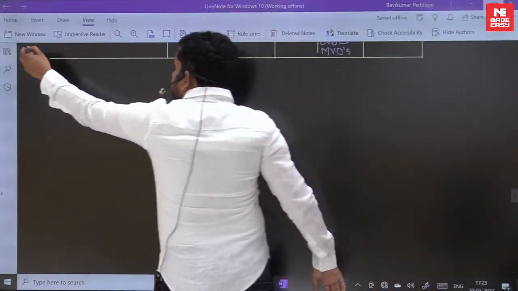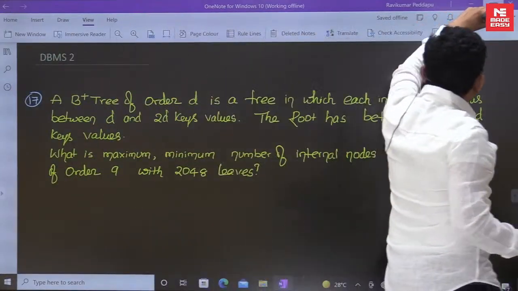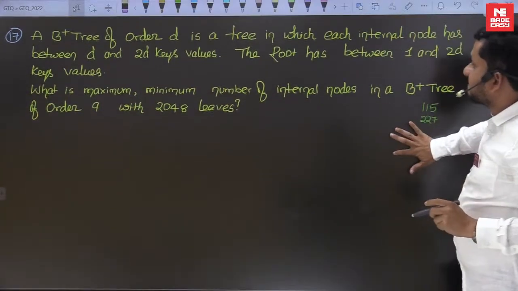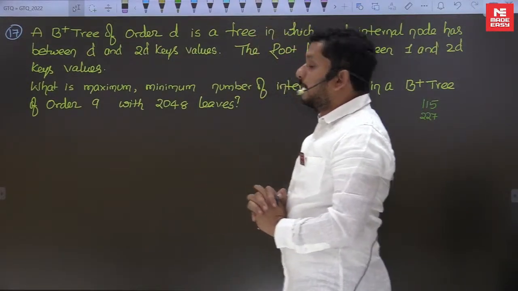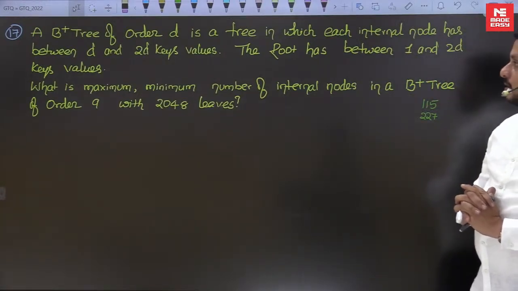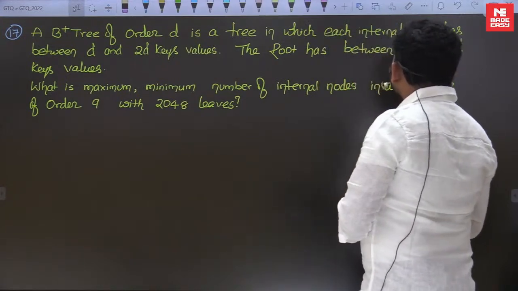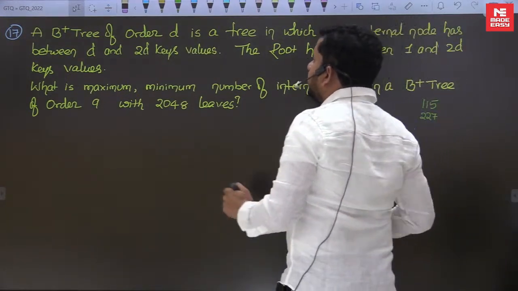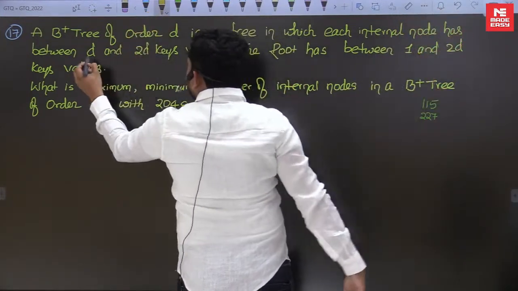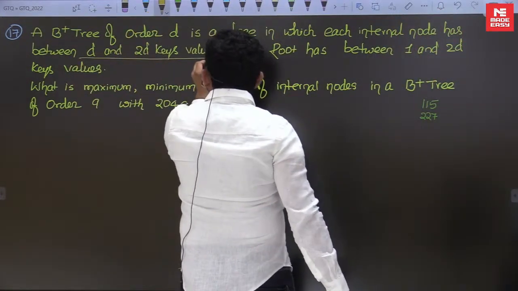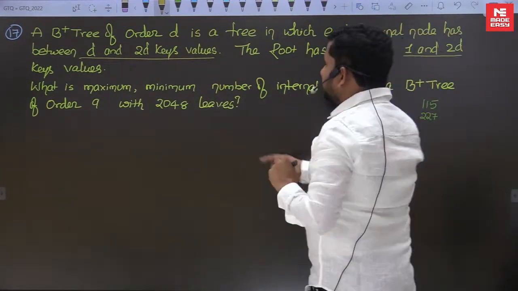So let's see the next question, related to indexing. A B plus tree of order D is a tree in which each internal node has between D and 2D key values, and the root has between 1 and 2D key values.